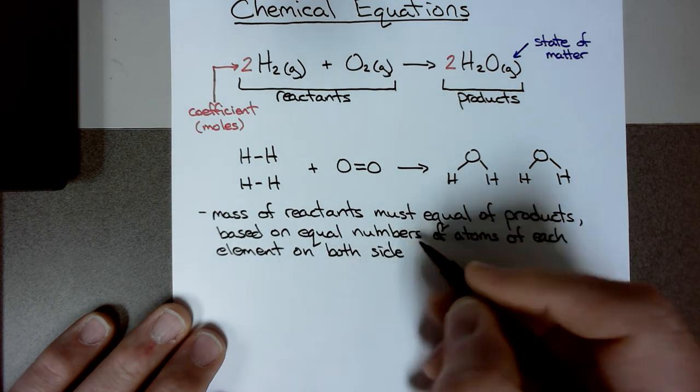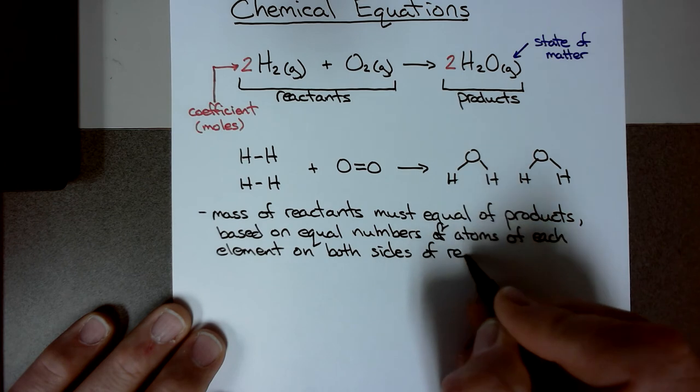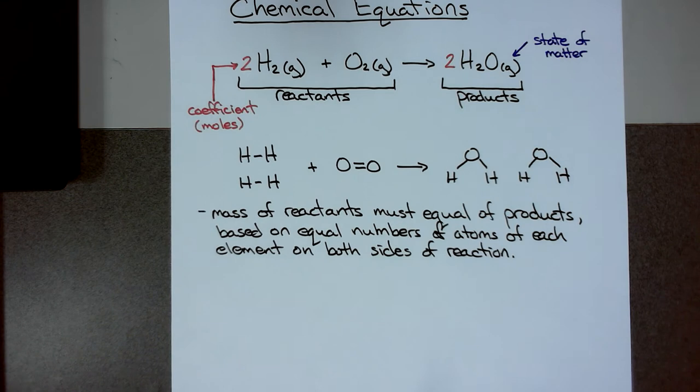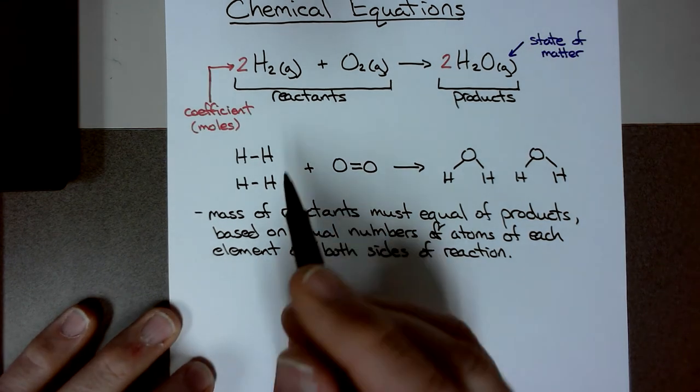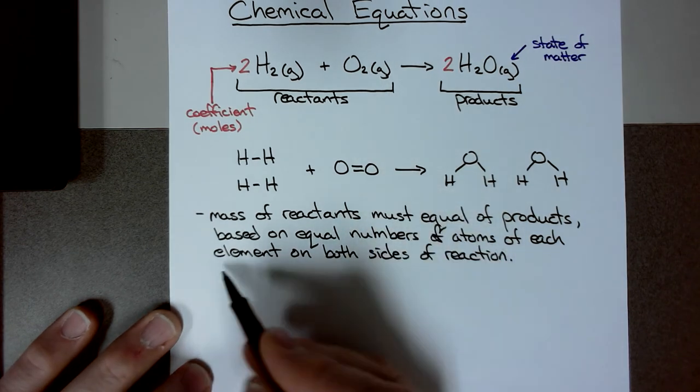So we balance the number of atoms. And when we do that, we also get a balance in the mass. So that is basically what a chemical equation looks like.